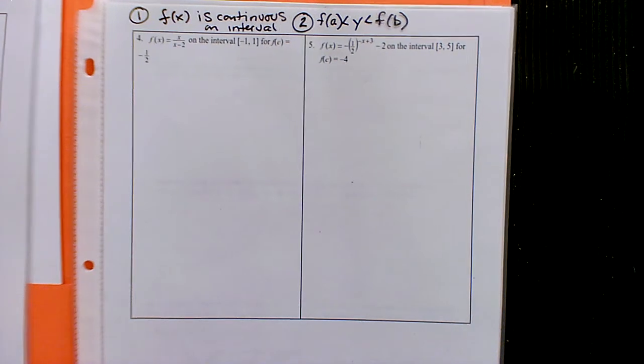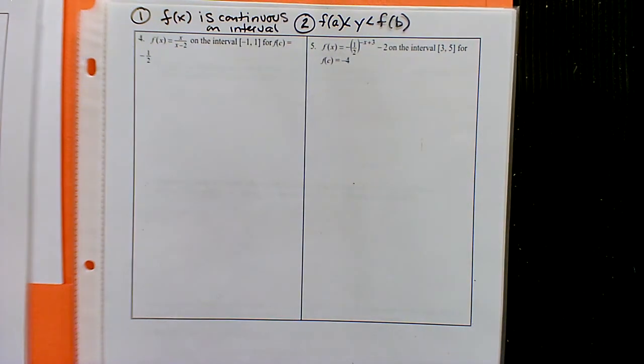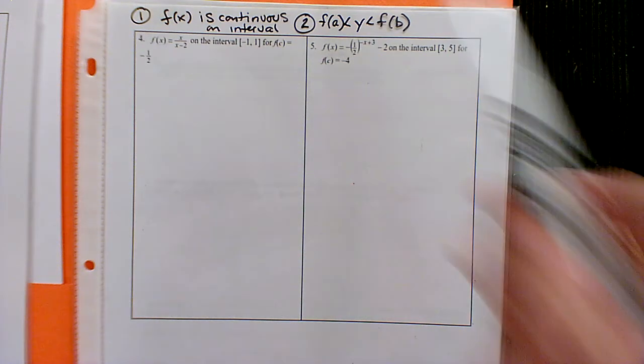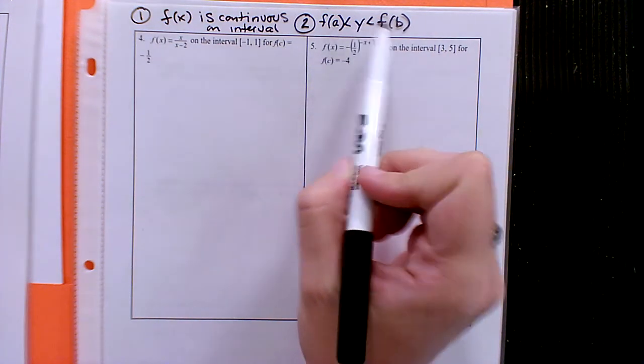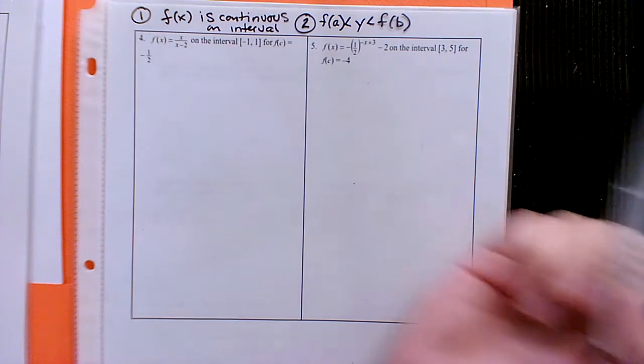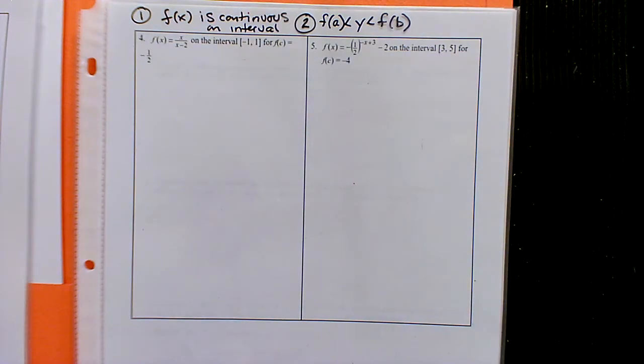So if those two conditions are met, okay, you can draw the graph without lifting up your pencil, and a specific y value between the y values of the interval, what are you then guaranteed? Or what are you then able to find or determine?